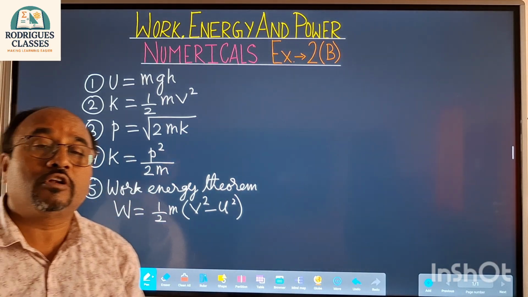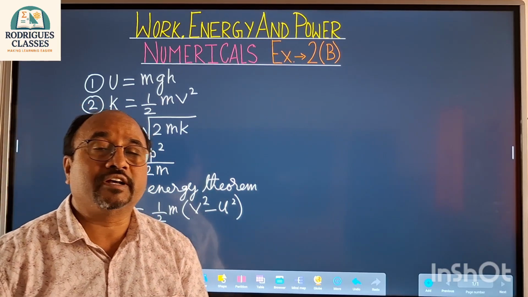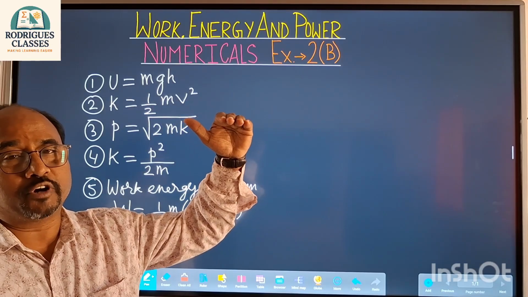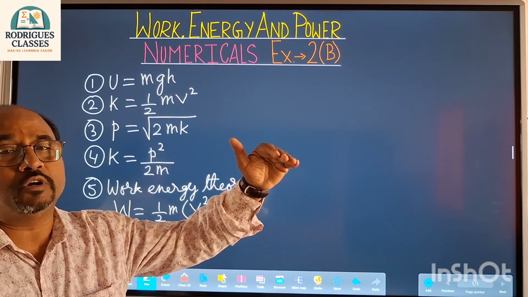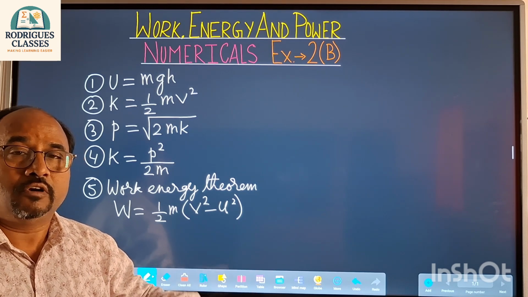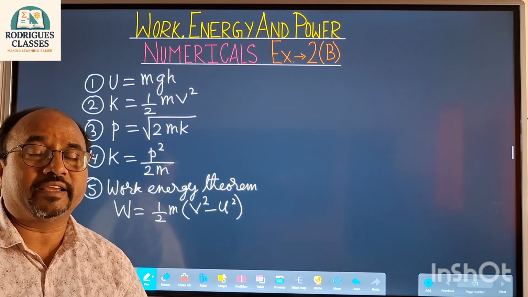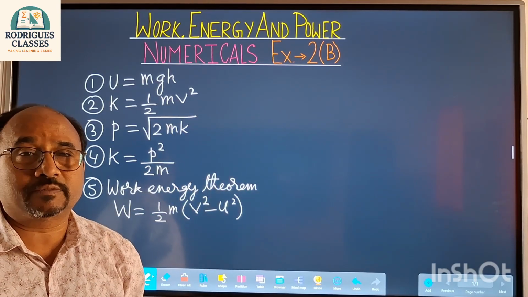Apart from all these, a very important thing to be remembered when we deal with the law of conservation of mechanical energy is that whatever is the potential energy at a given height will be equal to the kinetic energy at the bottom part of the surface. Or if I am throwing an object upward, the initial kinetic energy will be equal to the potential energy at the highest point.